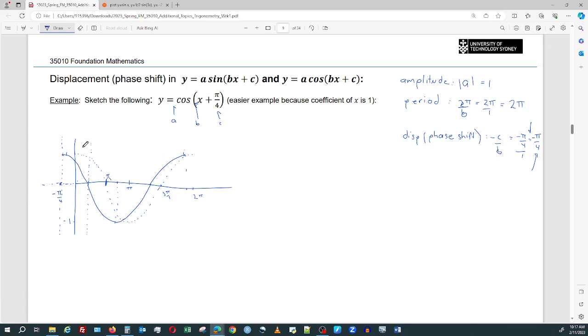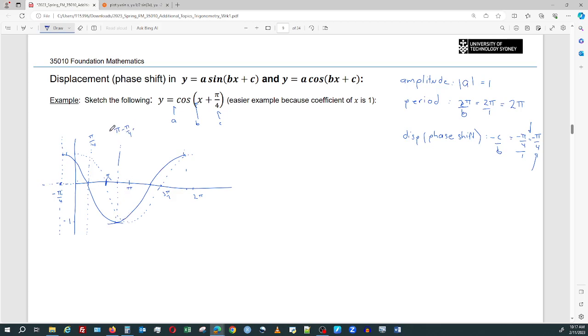This is 0, so that's pi on 4, and so on. This division here is pi on 4, pi minus pi on 4. So if you want to get the table entry, you can just do pi minus pi on 4, which is this line here, which is where this max occurs.